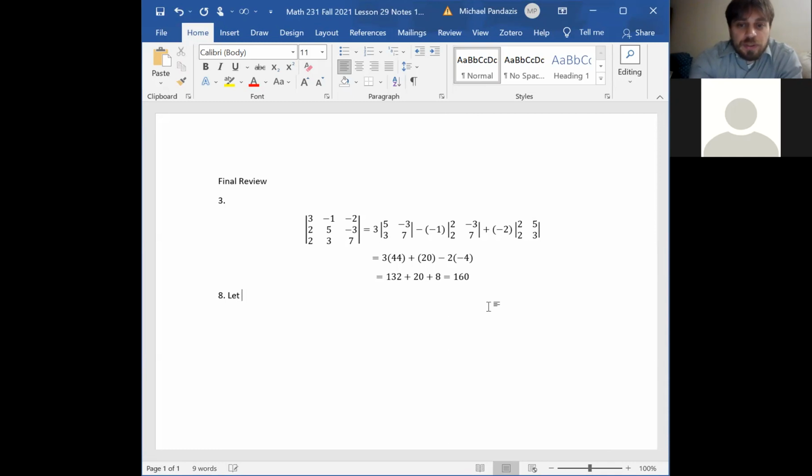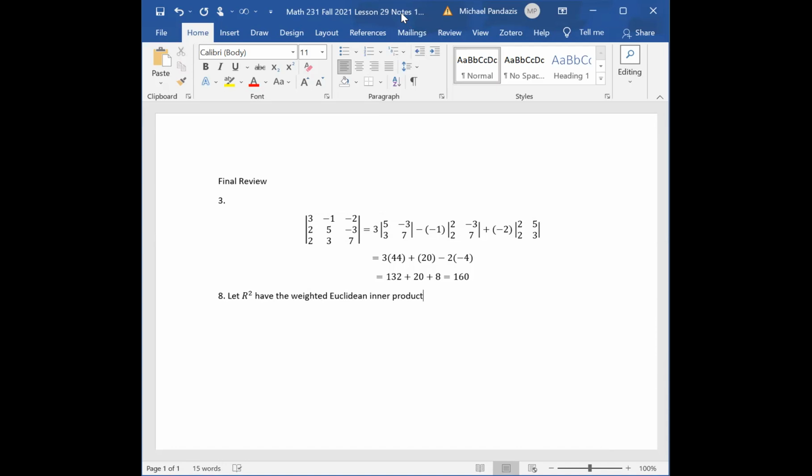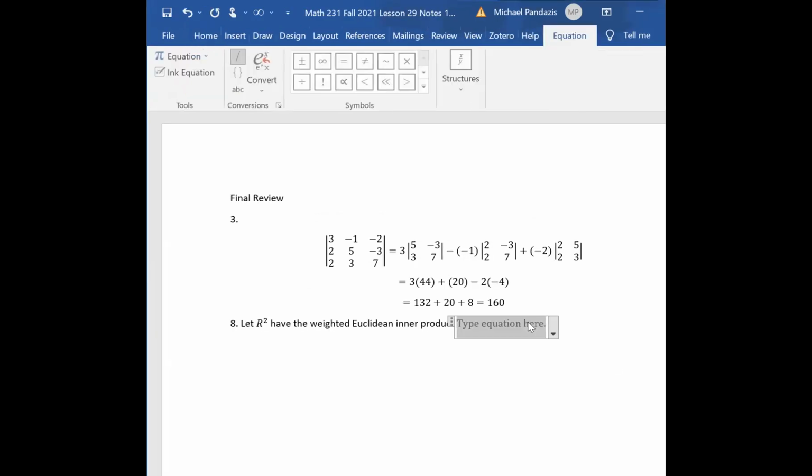We're going to let R2 have the weighted Euclidean inner product, where the inner product is defined as u comma v, which is equal to 3u1 v1 plus 5u2 v2.